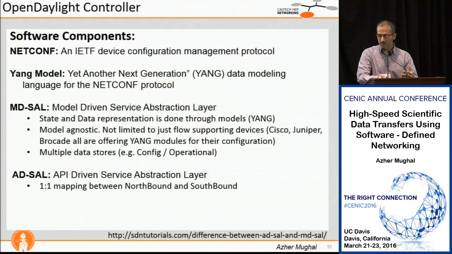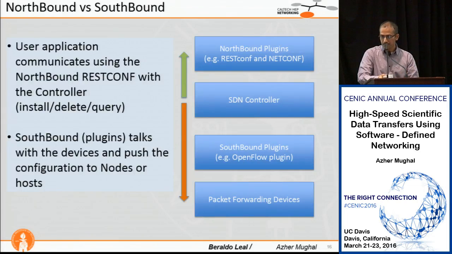There are different components. We don't need to go deep into that, but there's Netconf, there are YANG models, MD-SAL and AD-SAL, different pieces of the OpenDaylight controller. We have heard about northbound. We have talked about southbound, so what are they?